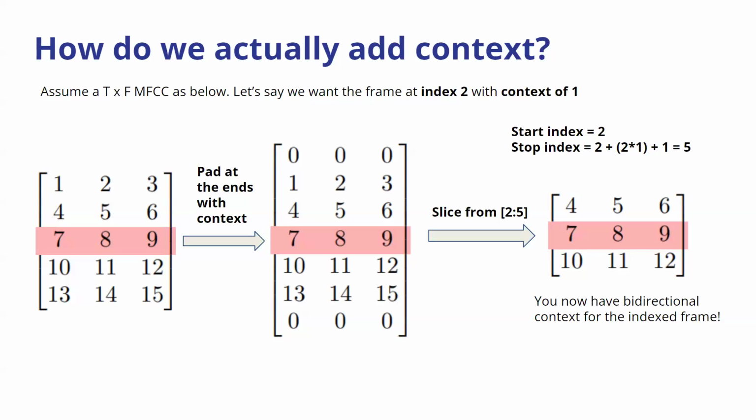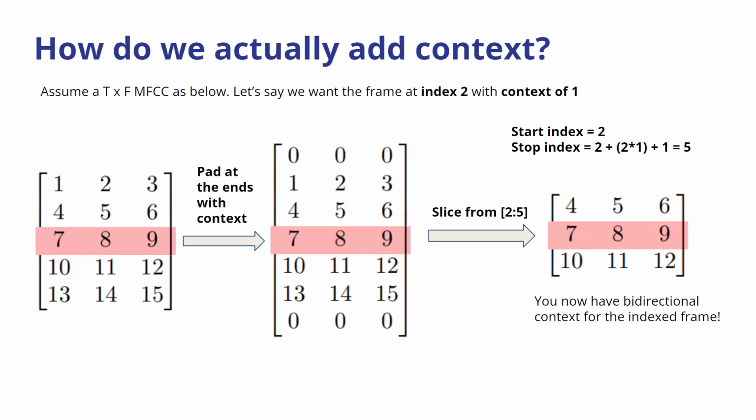You probably worked on, I assume you all worked on, the early submission for P2. In your initialization method for the dataset class, you are doing some operations to prepare the data for adding context. First of all, context, in this case, we assume is bidirectional.